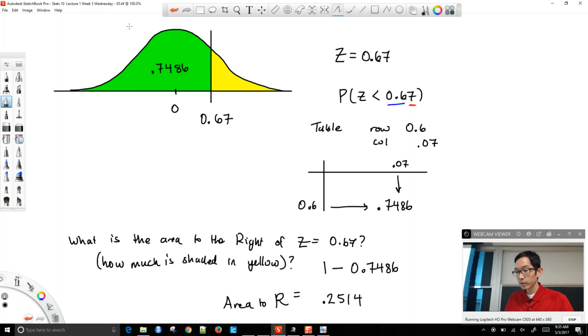So it's a matter of looking up your z-score, and the table will always give you the area to the left. Maybe that's worth putting: the table always gives the area to the left of z.